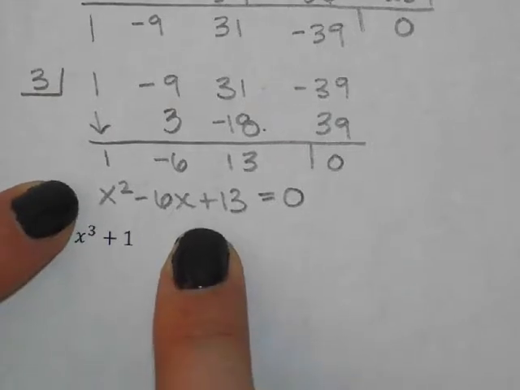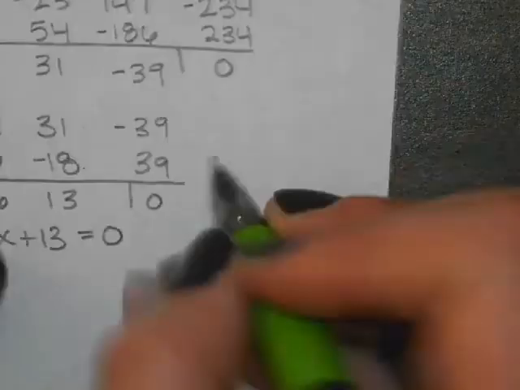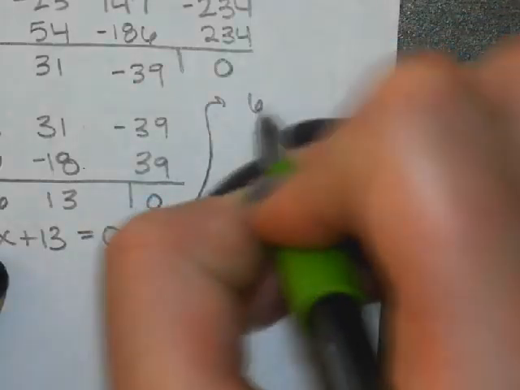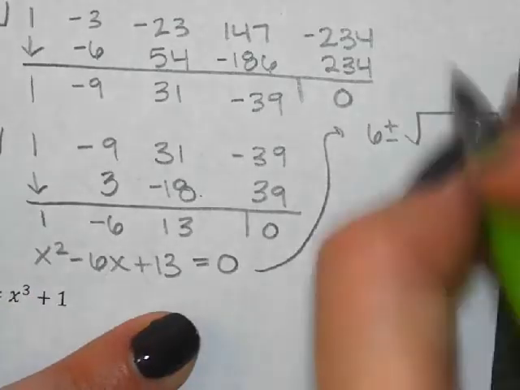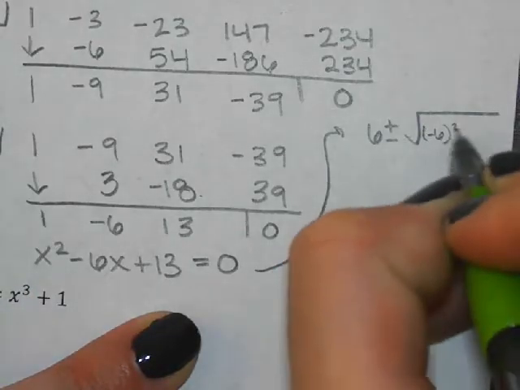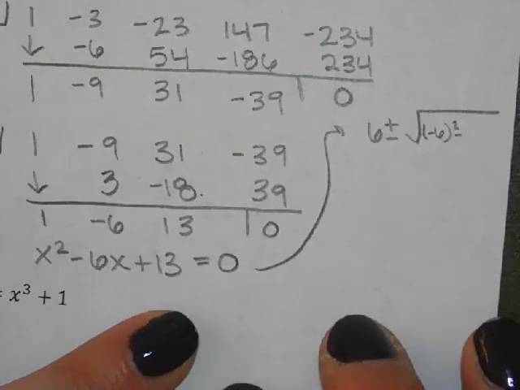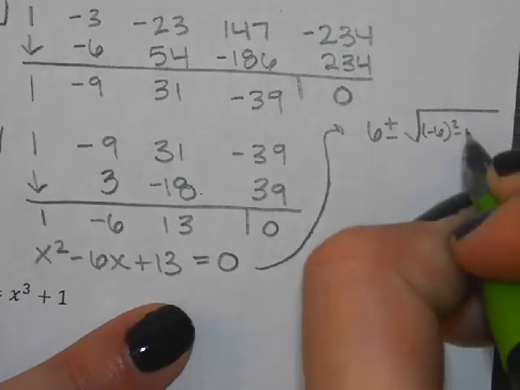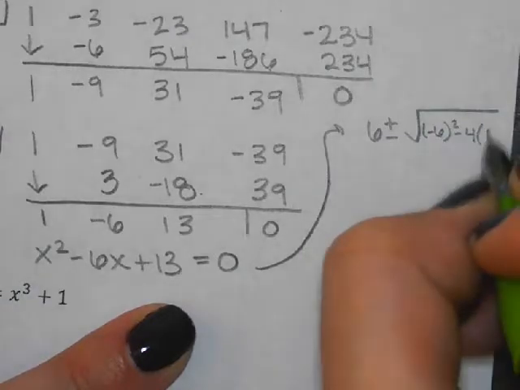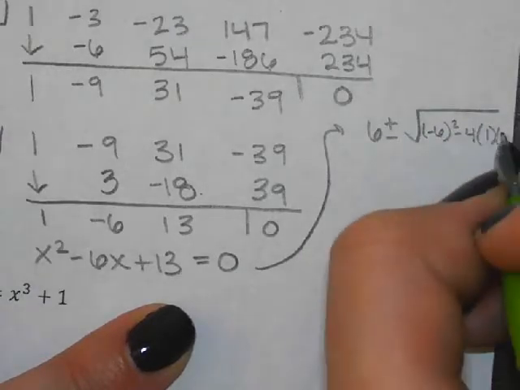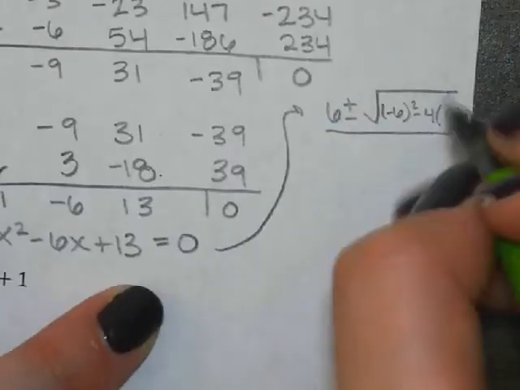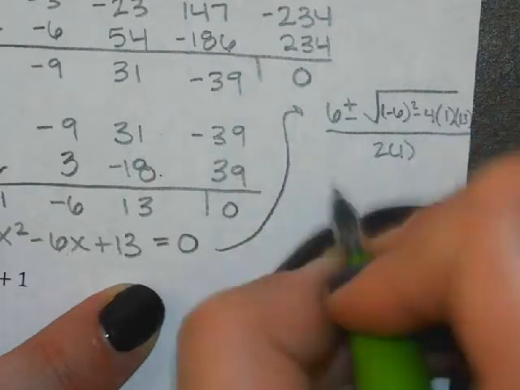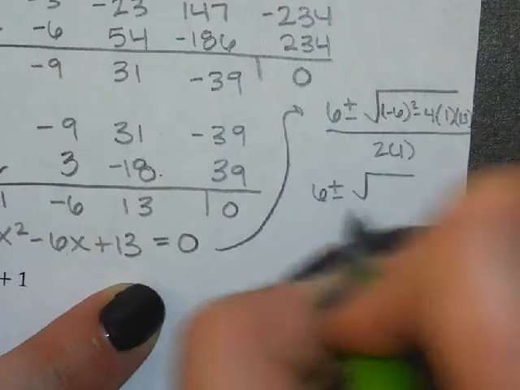Okay, so what should I write? I've got 6 plus or minus the square root of -6 squared, so I'm writing super tiny, minus 4 times 1 times 13, all divided by 2 times 1, which is 2. So 6 plus or minus something divided by 2.